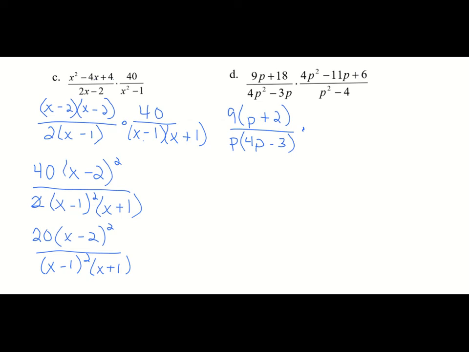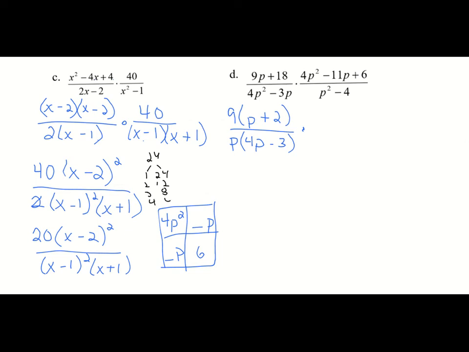So I'm going to make a box down here. 4p squared and 6. We'll keep our p in there. 6 times 4 is 24. And we can do, again, 1 and 24, 2 and 12, 3 and 8, or 4 and 6.